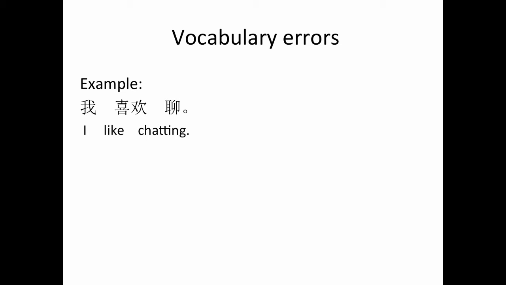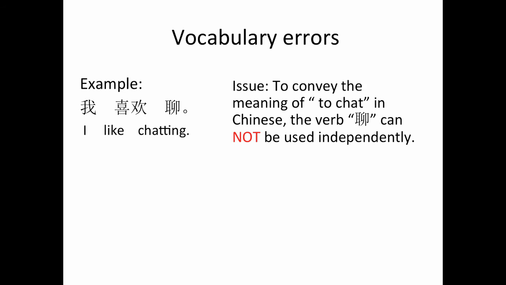But the sentence is problematic because even though 聊 means to chat in Chinese, it cannot be used independently. In other words, if you use 聊, you must have something after 聊. For example, 聊中文, 聊音乐. So that's why 聊 cannot be used independently.